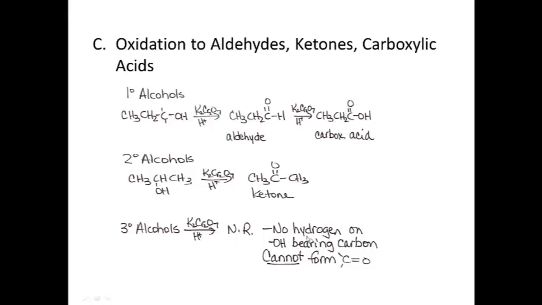The carbons are all attached to other alkyl groups, so there would be no reaction of a tertiary alcohol using dichromate or permanganate.